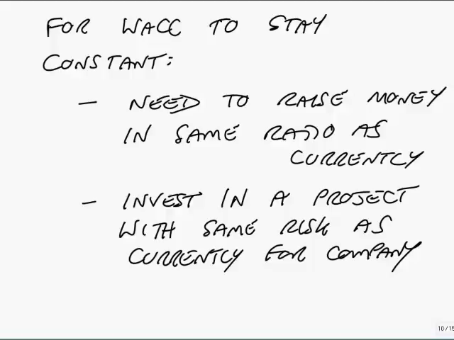The last line I'm going to write on this, listen carefully, I will write it afterwards. If and only if we raise money in the same ratio and the riskiness of the project is the same, if and only if those two things apply, the weighted average would stay constant and we'd discount the project at the current weighted average cost of capital.